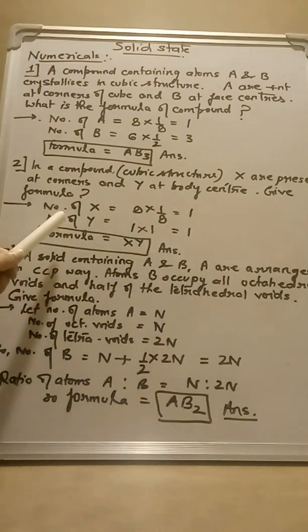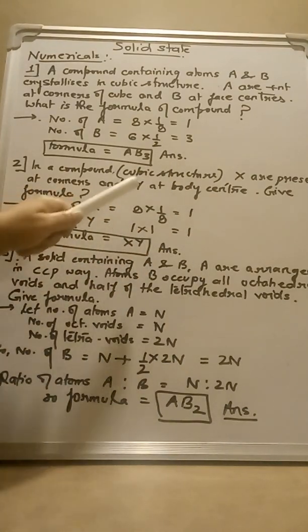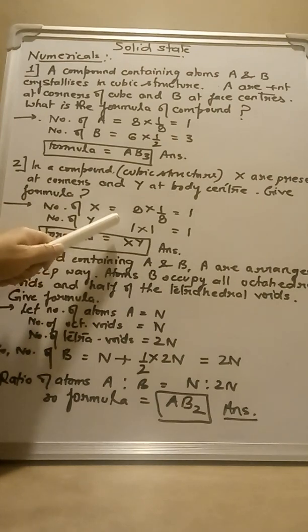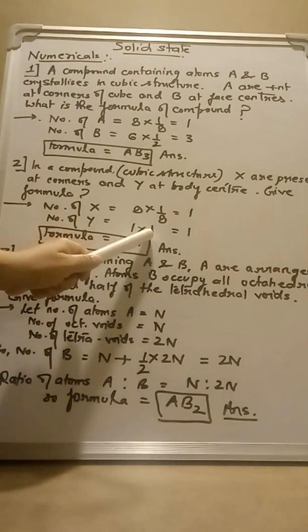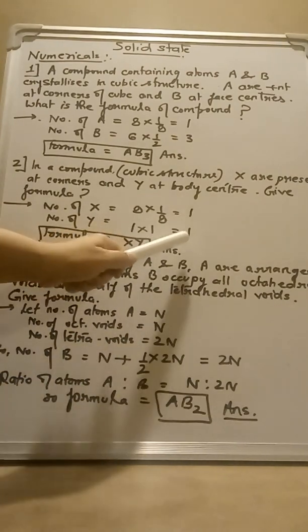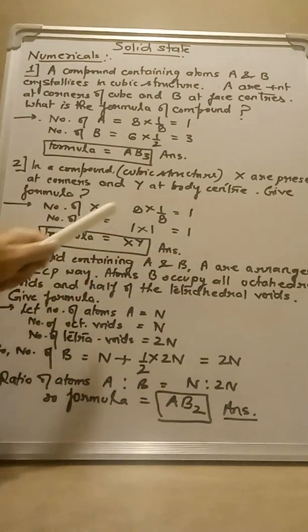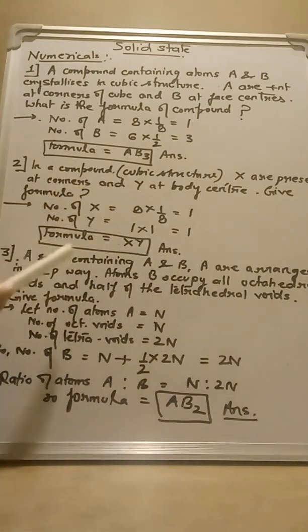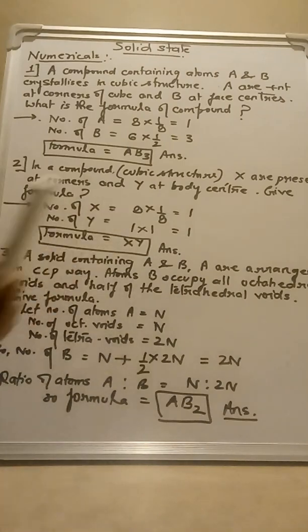Similarly, Y are present at body center. There is one body center in the unit cell and its contribution is 1. So number of X and Y are 1 each. So the formula is XY. This is the simplest type of numerical on formula making.